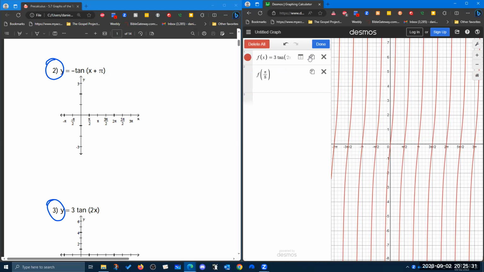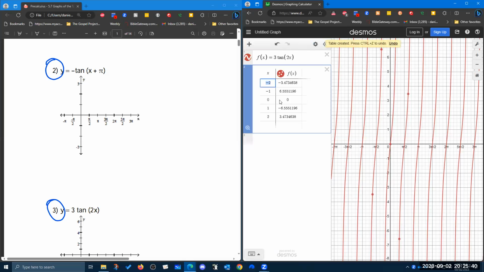If I want to graph this, it's not going to let me graph it, but let's put it right here, f of pi over 8. There you go. You see it? Look at these.